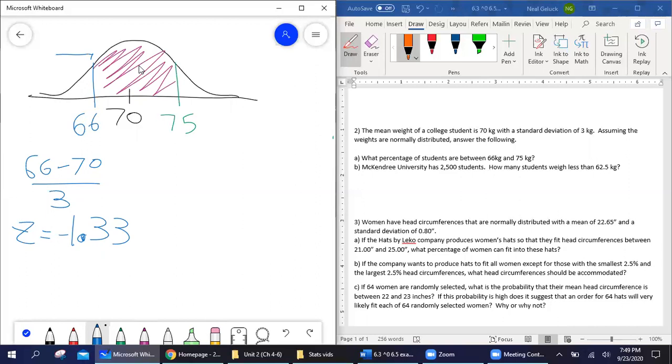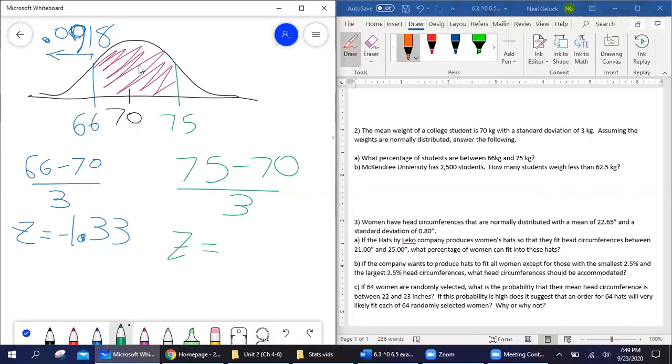The area left of that is going to be 0.0918. A little extra bit on my 9 there. I've got to convert 75 to a z-score. That'll give me 1.6 repeating, so rounded to 2, that's 1.67.